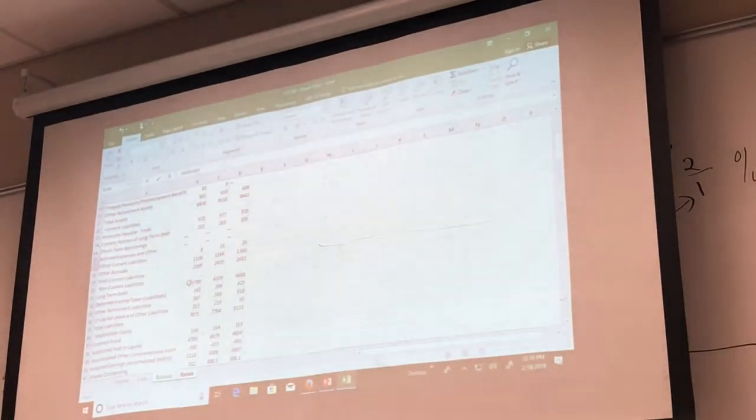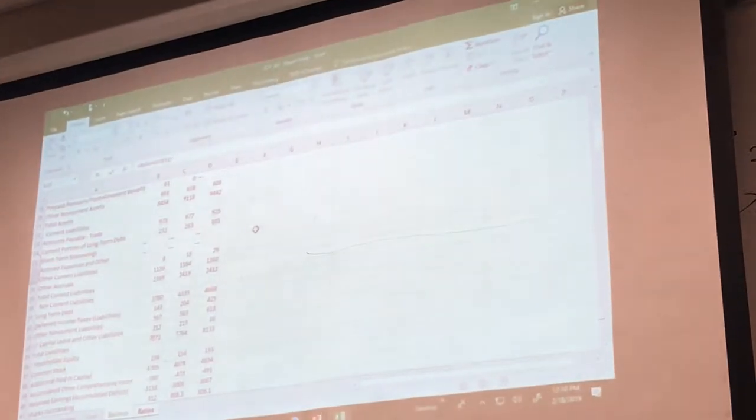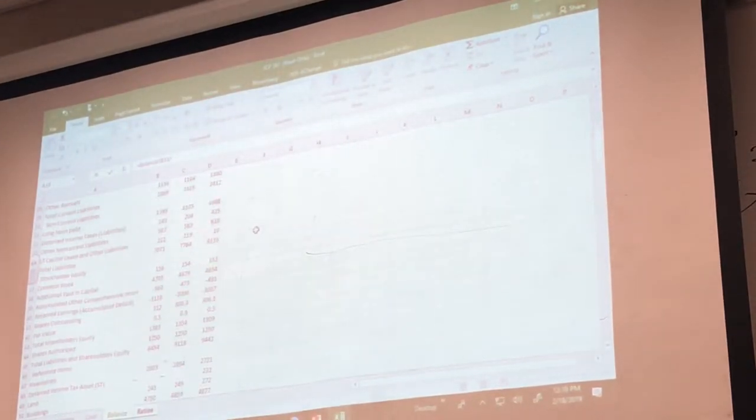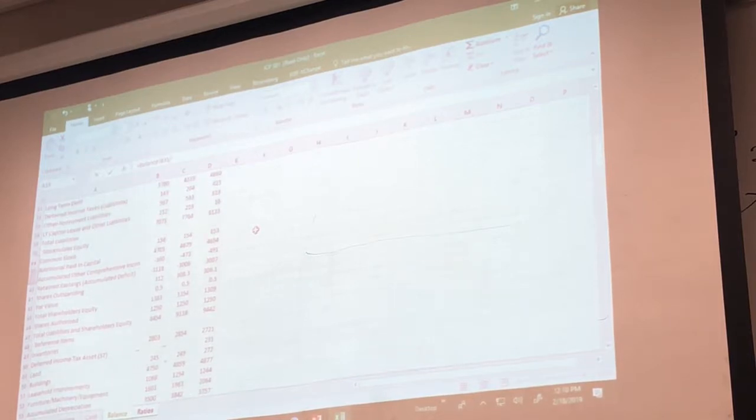Long-term debt is in row 31, B31, divided by, scroll down, owners' equity or shareholders' equity. Total shareholders' equity? Yes. Row 43, B43. So B31 divided by B43.